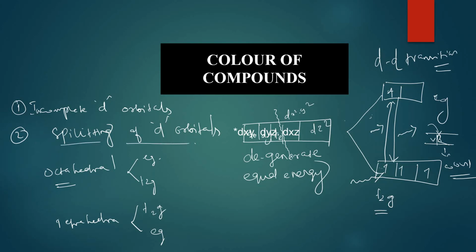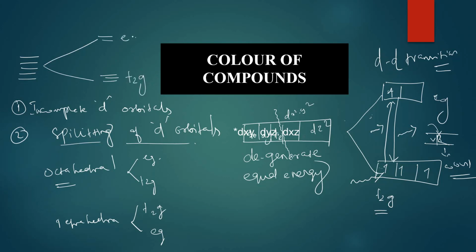Let me explain one more time. When the electron approaches with higher energy, the 5 d orbitals get split. This is called the degenerate state. It gets split into two groups, 3 in one place and 2 in another. This is called T2g or triply degenerate.